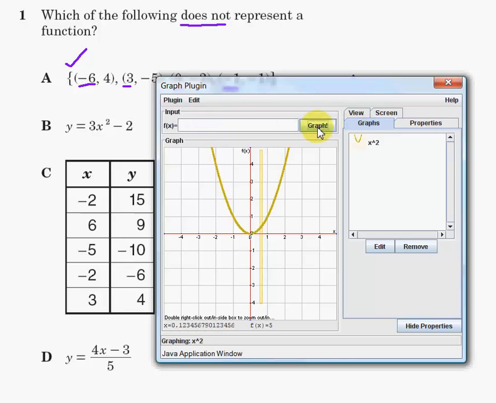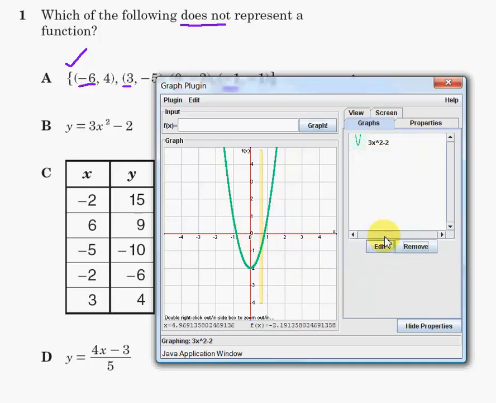There it is. And now let's do this one, 3x squared minus 2. Graph it. You can see, yes, it's shifted down and it's narrower.